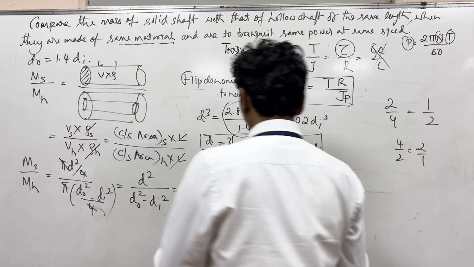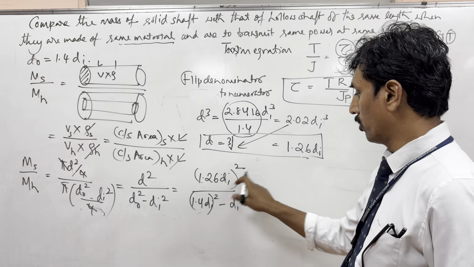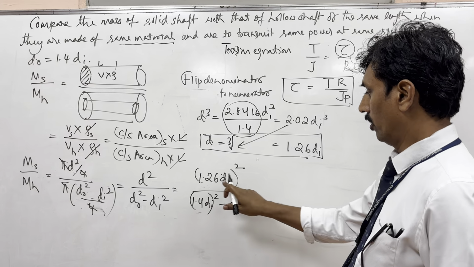1.26 squared is how much? 1.5876 di square.